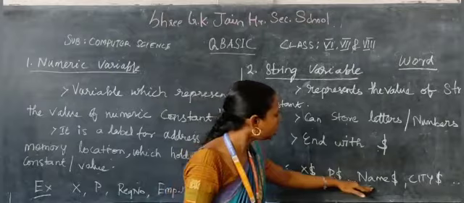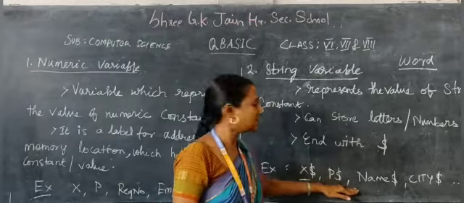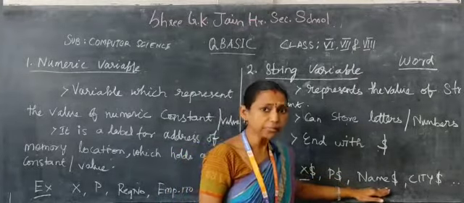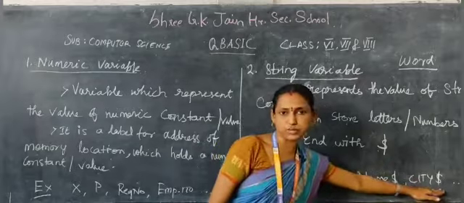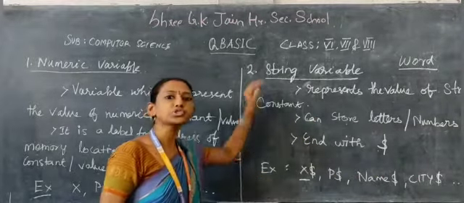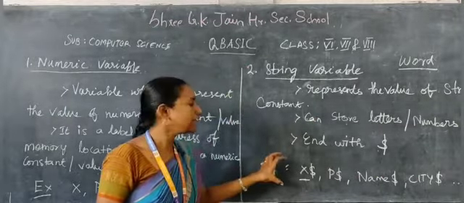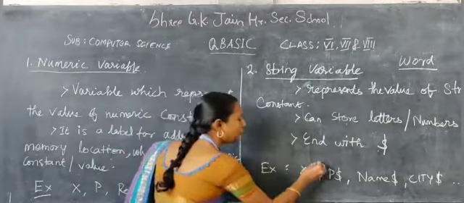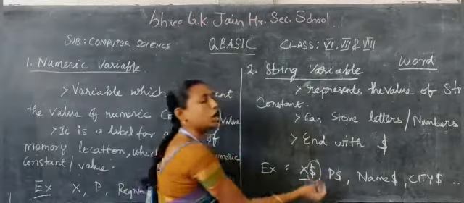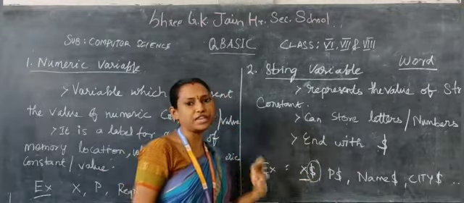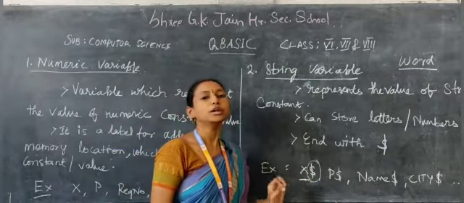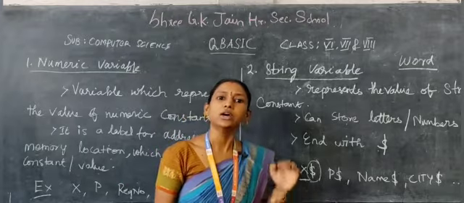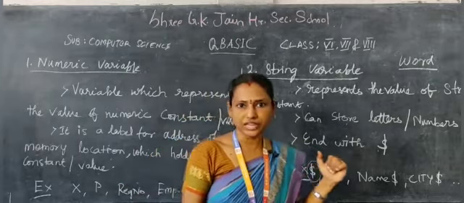Okay, see, these are all the examples: P with the dollar symbol, name with the dollar symbol and city with the dollar symbol. These are all known as string variables. The compiler itself understands this is a string variable when we use the dollar symbol at the end of the variable name. Right?